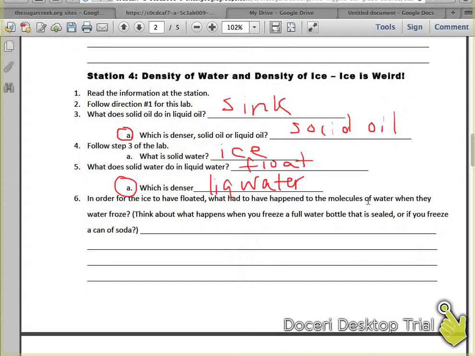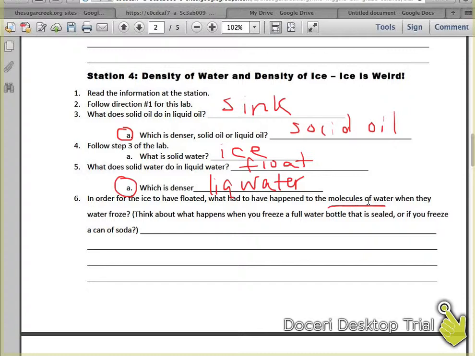Then, down to number 6, talking about in order for the ice to float, what had to happen to the molecules. The question asked about the molecules. Some of you were giving me answers about something else. We looked at this in your web quest on the back of your properties of water worksheet. That very top question asked what was so different or peculiar about solid water.